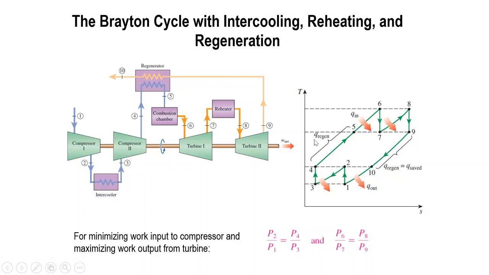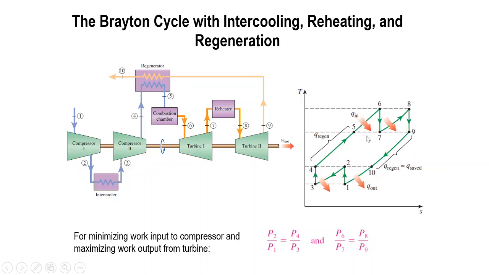So for the TS diagram, we have this. This is point 1, the start. At point 2 we have the compressor. The temperatures at point 2 and point 4 we assume the same, and at point 1 and point 3 the temperature is also the same. Likewise the temperature at point 6 and point 8 are the same, and point 7 is the same as point 9.